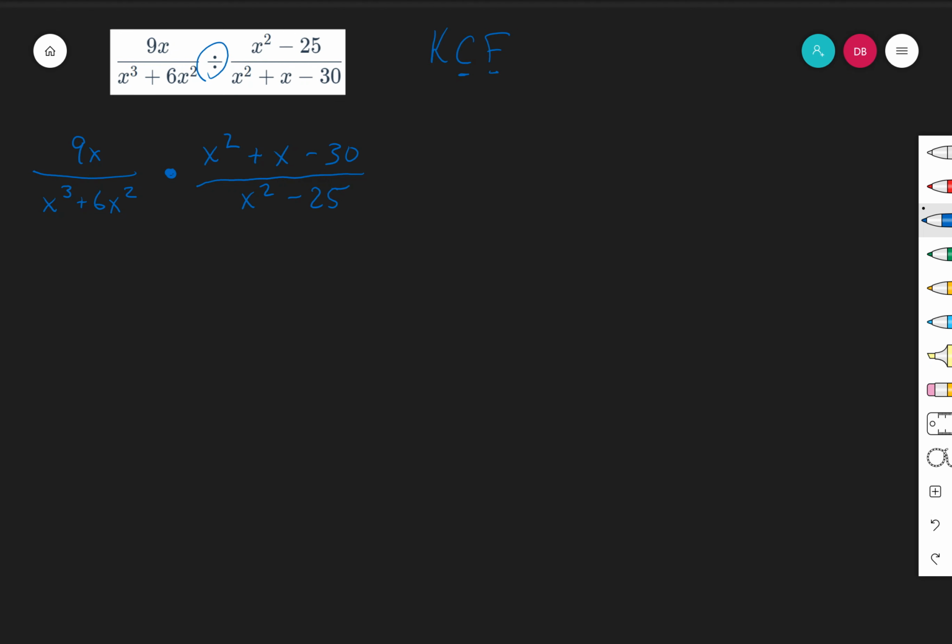Okay, and now we just do multiplication, which is just, remember, pretending that there's no separator. We just pretend like this is one big line and that everything is in parentheses. But before we put it all together like that, we need to factor whatever things we're able to factor.